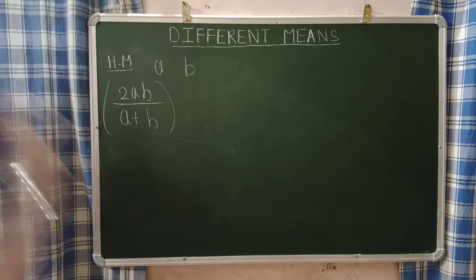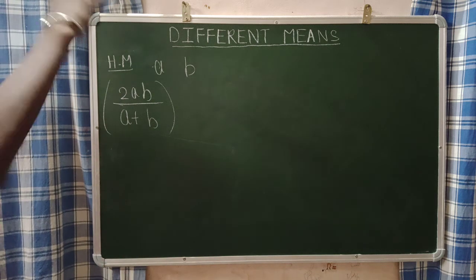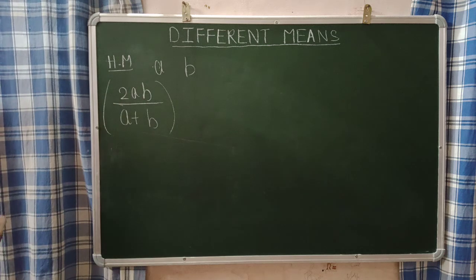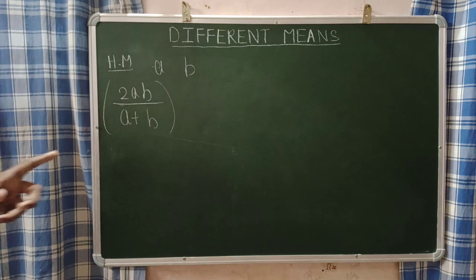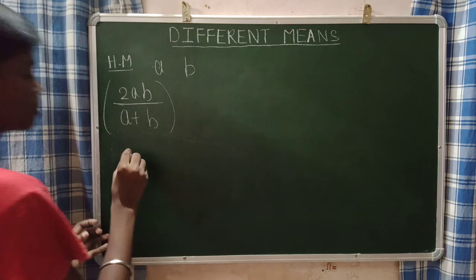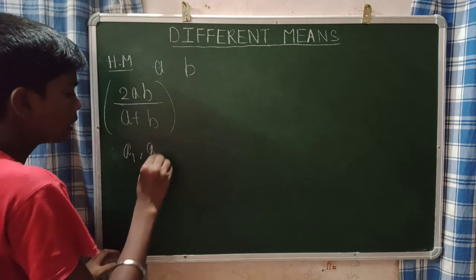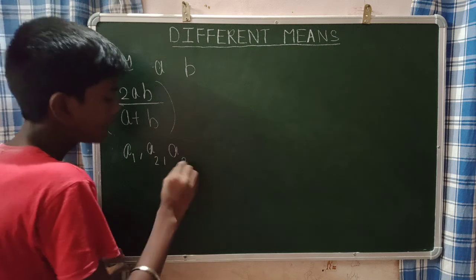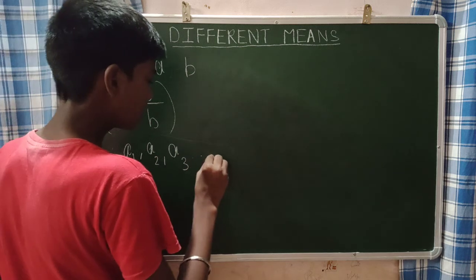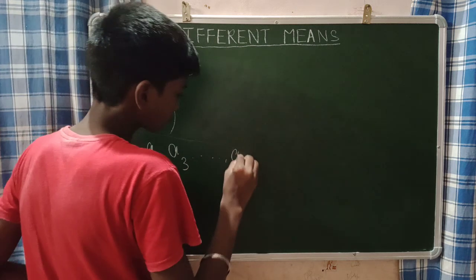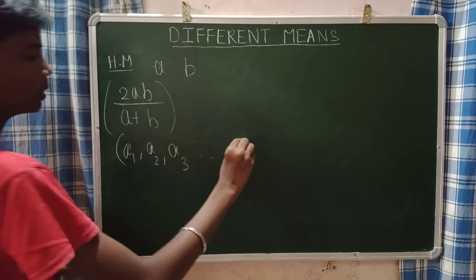So the harmonic mean of two non-zero numbers a and b will be 2ab by a plus b. Now the harmonic mean of n non-zero numbers: a1, a2, a3, all the way up to an, these are all called n non-zero numbers.